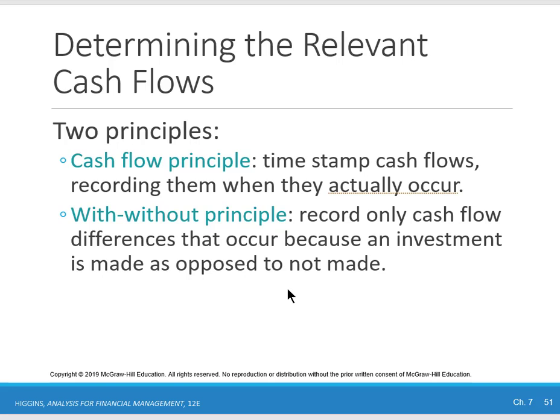But when you're talking about projects, we also have to talk about what they refer to as the with and without principle. Essentially, this requires us to make two predictions. We need to predict the cash flows that we think will happen if we do this project. But we also have to predict the cash flows if we think we won't do the project. So then you subtract them.